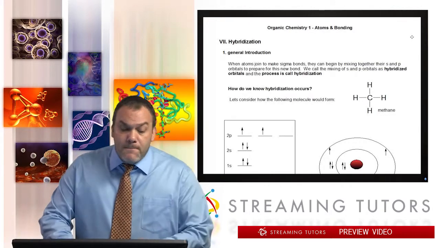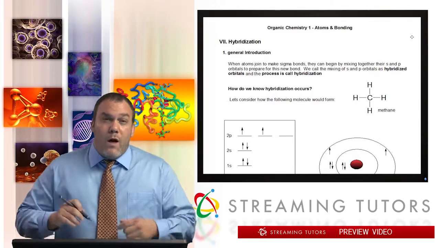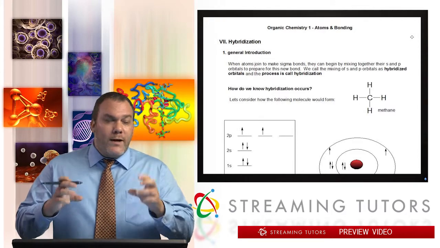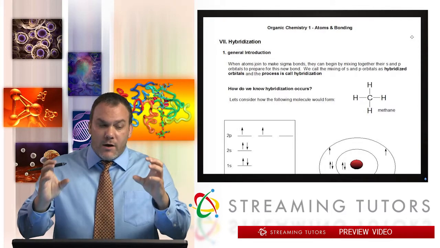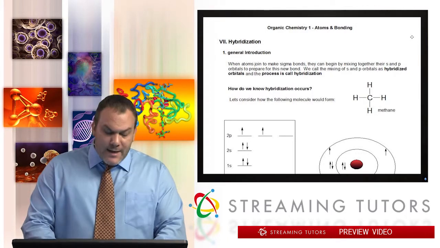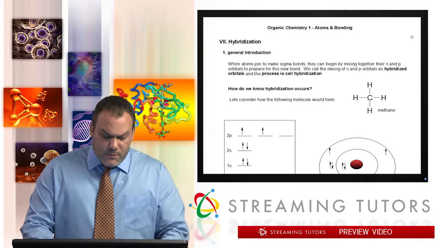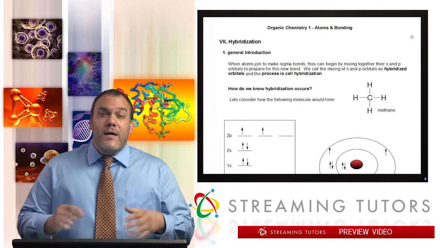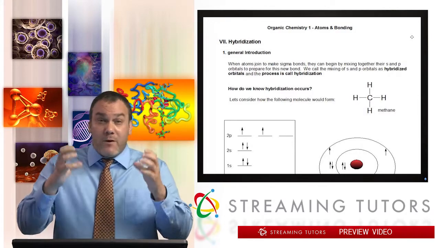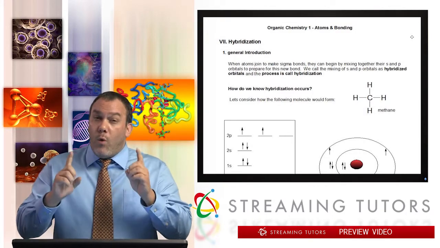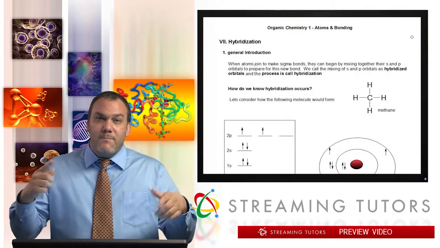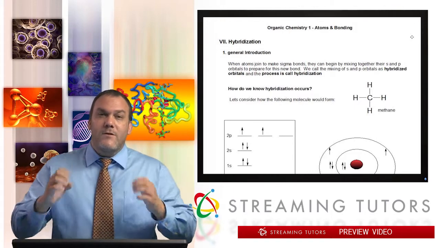So the first thing is, what is hybridization? Well, hybridization is a mixing of orbitals together. When an atom, or let's say two atoms, are going to come together and make a bond, one way they could do that is they can have their s orbitals combined to make a new bond, or they could have their p's come together and make a bond, or they could both prepare beforehand, mix up their s's and p's, and then come together to make a bond.